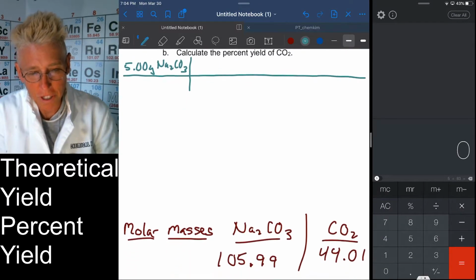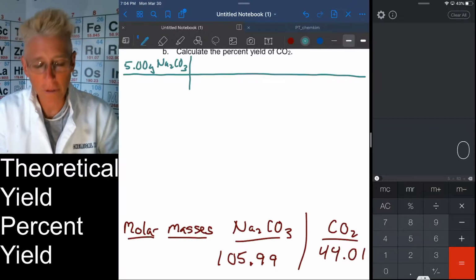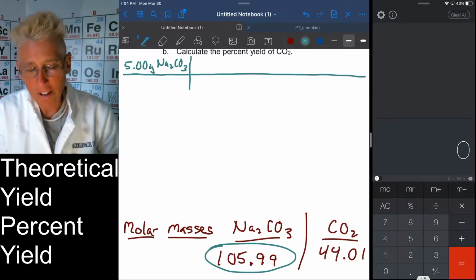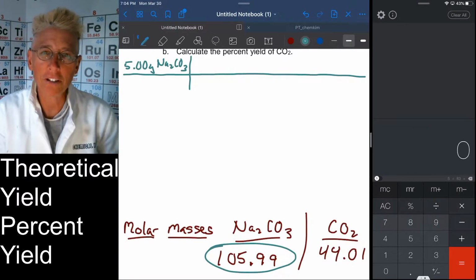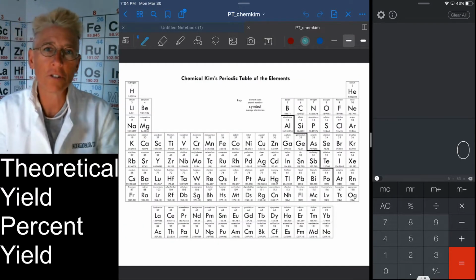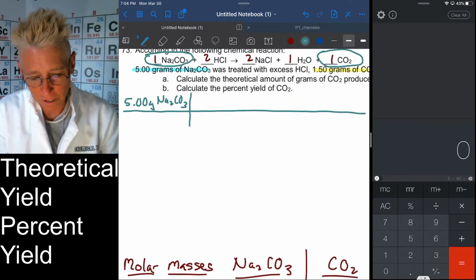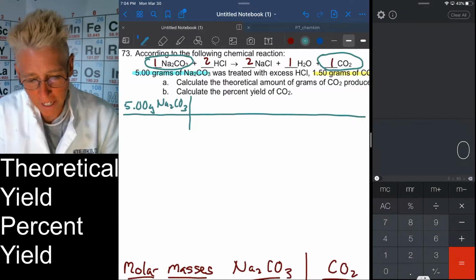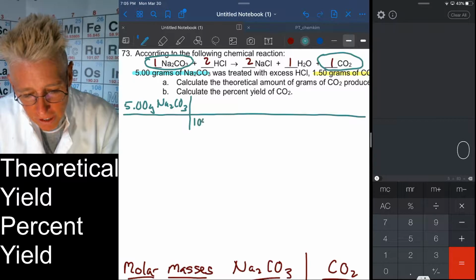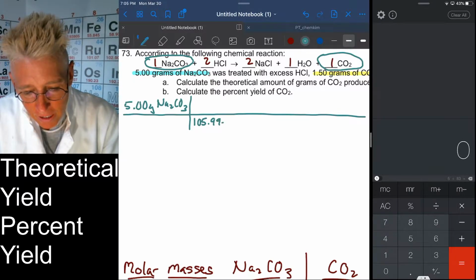My first step of stoichiometry is to use the molar mass. As you see, I already found that molar mass by using the molar mass calculator, or if you wanted to, you could add up the atomic masses of those in the formula. So that's 105.99, and I'm going to put that down here at the bottom, grams of Na2CO3.